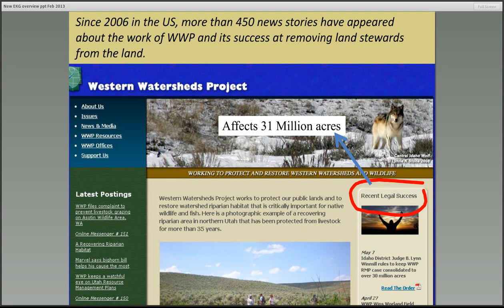In this case, this is a group based out of Idaho. They're commonly dealing with legal situations, appeals against federal districts, typically forest or BLM, and they've had a number of successes. And the interesting part is that they're very proud to advertise those successes.